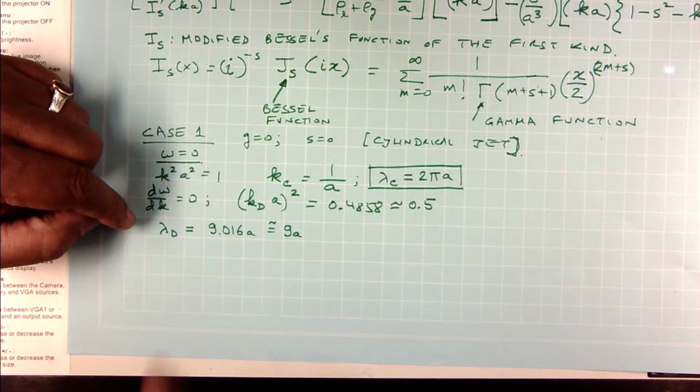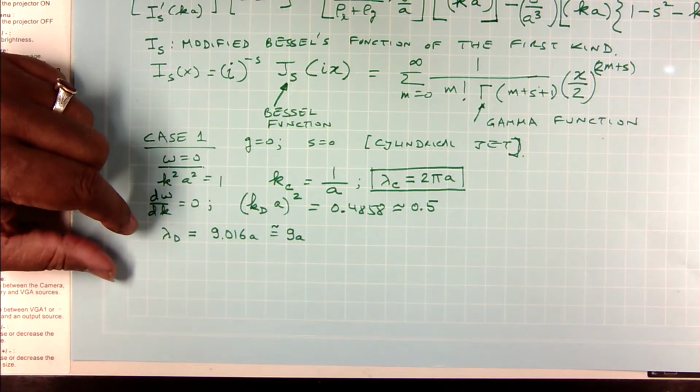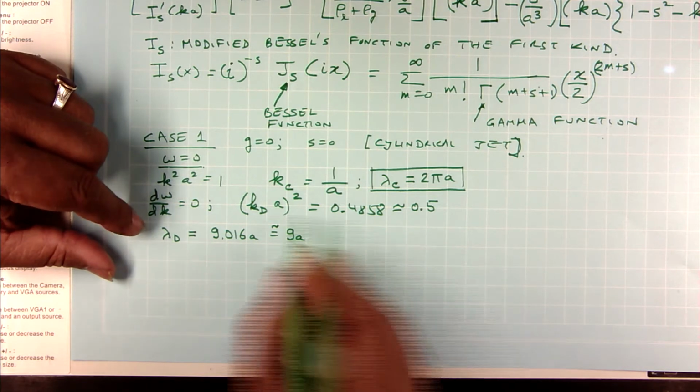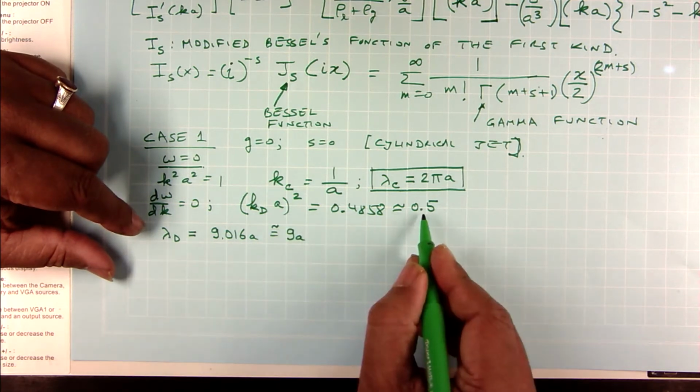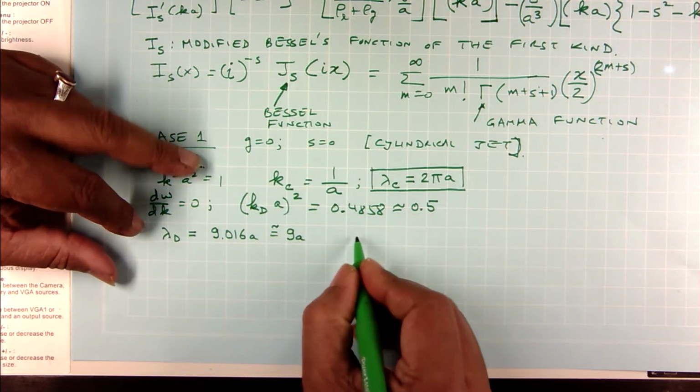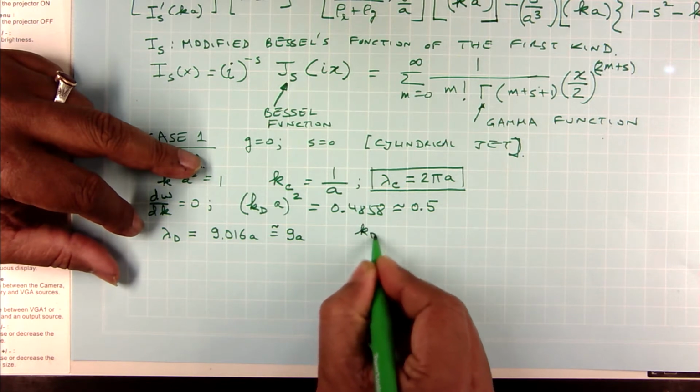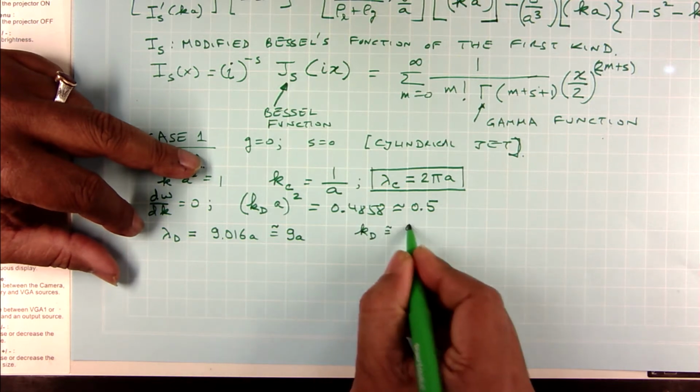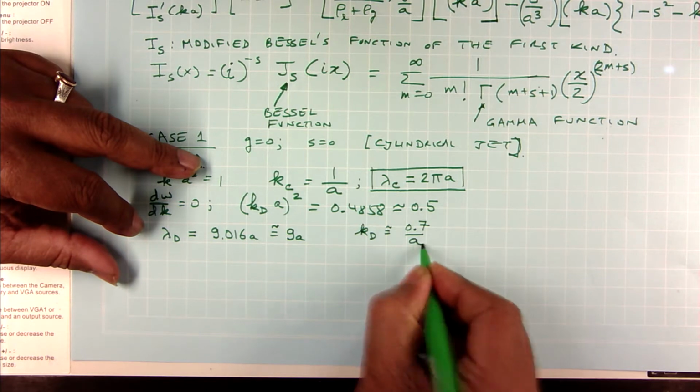But before we go there, the other thing I want to find out is what is the growth rate of this disturbance, the maximum disturbance. So, if I think about it, my k d times a whole square equals 0.5, which means that my k d is roughly equal to 0.7 by a, isn't it?